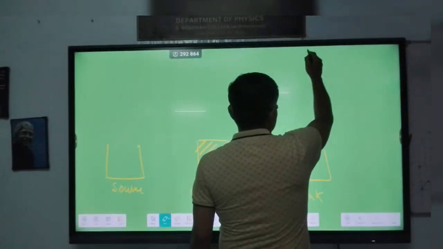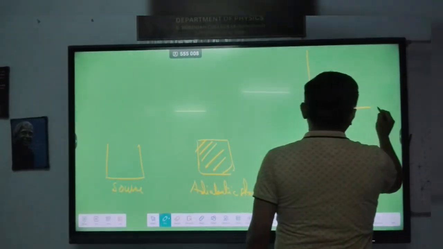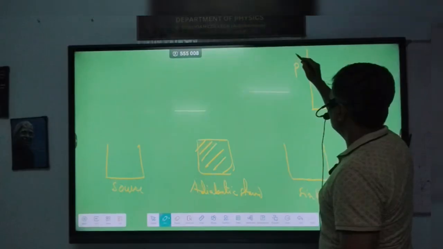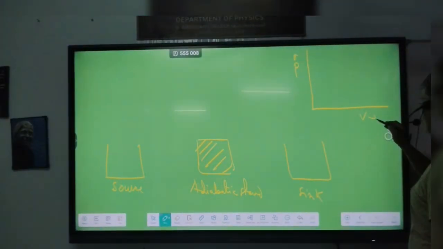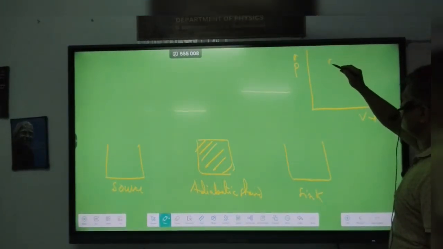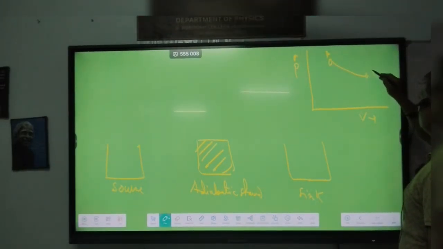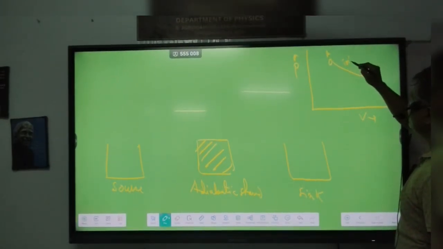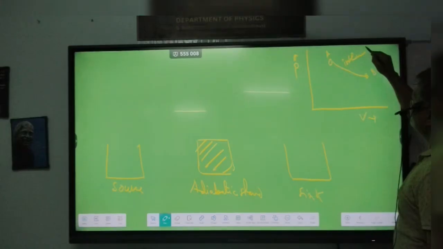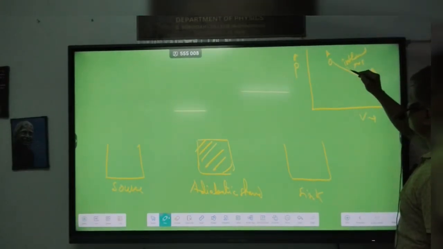We know the Carnot cycle already, we have discussed. Carnot cycle means we have to go from a state A to state B through an isothermal expansion. It will expand.